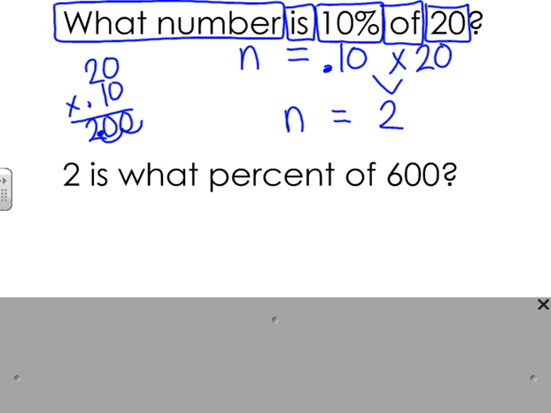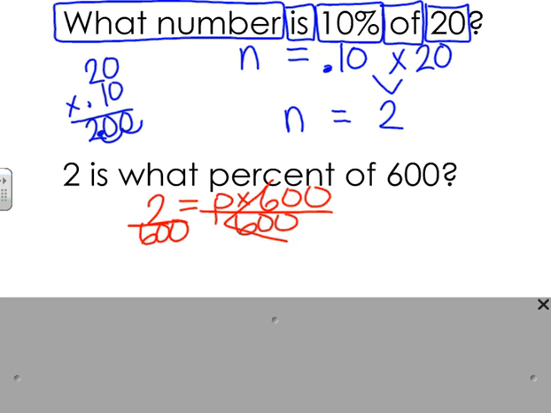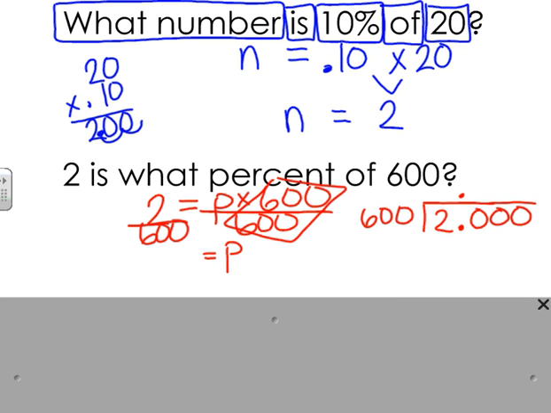Okay, next example. 2 is what percent of 600? Divide by 600 on each side. So you get 1p. And we're going to do 2 divided by 600. Now we're going to have to add a decimal point with several zeros. 600 will not go into 2 or 20 or 200, but it will go into 2000 3 times.